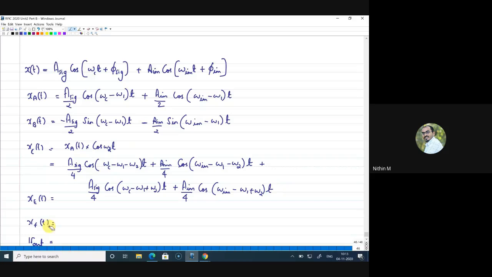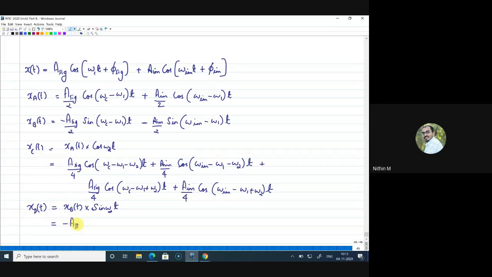Similarly, I'll write xd of t also. So xd of t, which is xb of t, is multiplied by sin omega 2t. So when I do that, I'll again get 4 components.